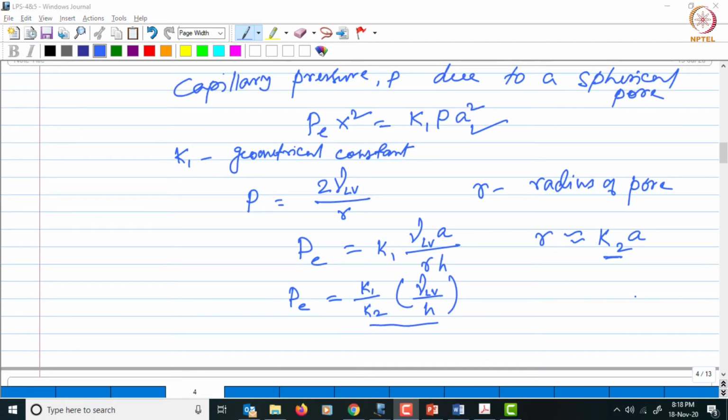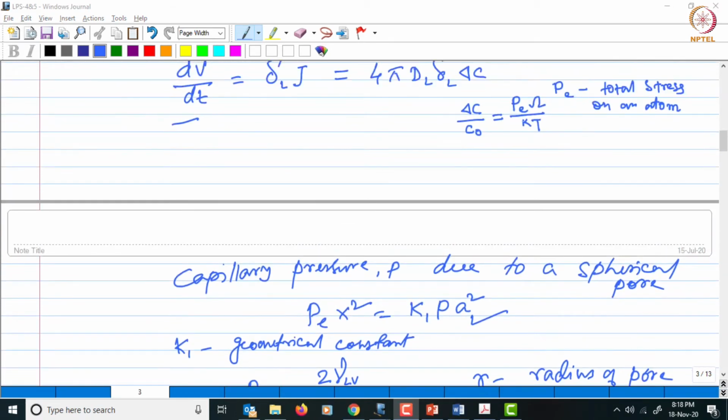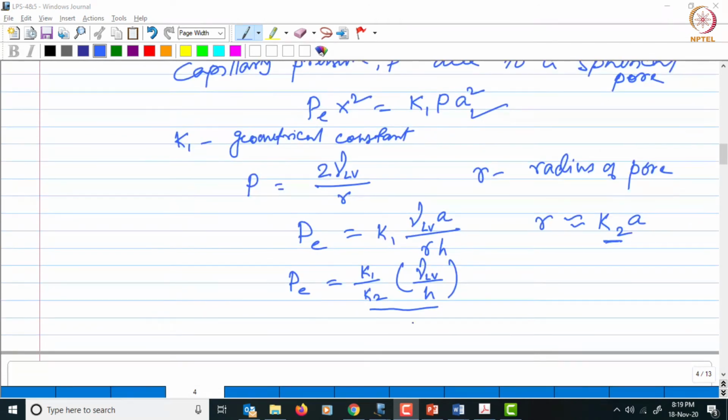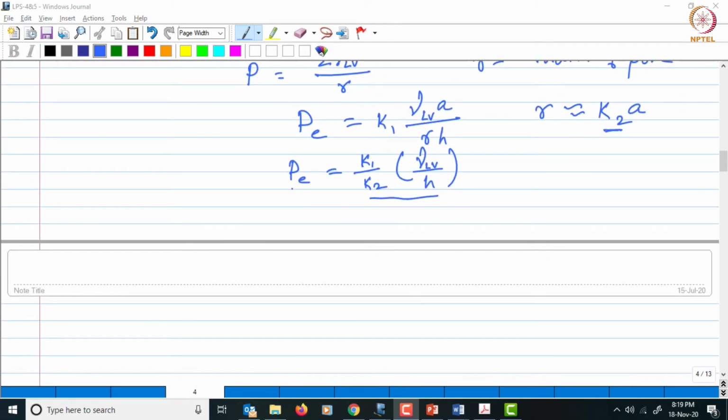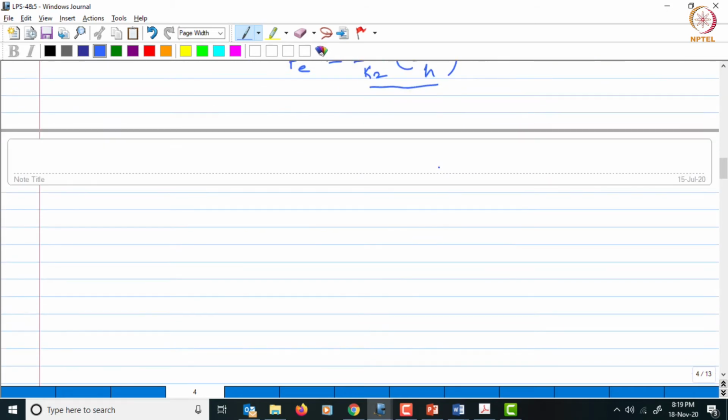So from here delta C by C naught can be written in terms of P_E. If we replace P_E from here into the delta C by C naught equation, then we will get the following equation.